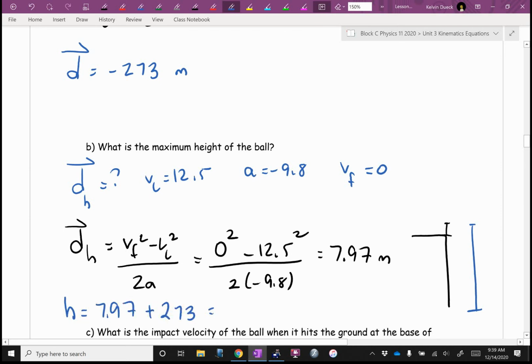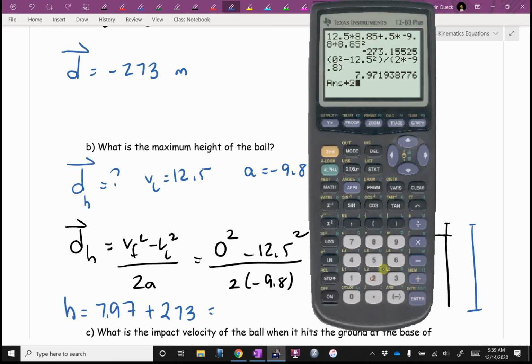That's how high we are above the ground, which is typically where we measure things from. Is it 280.97? So I'm going to call it 281 meters.